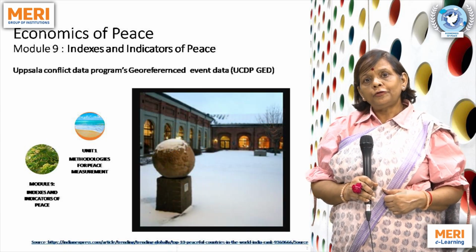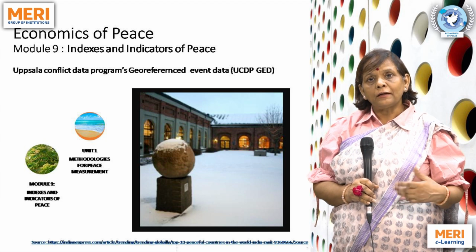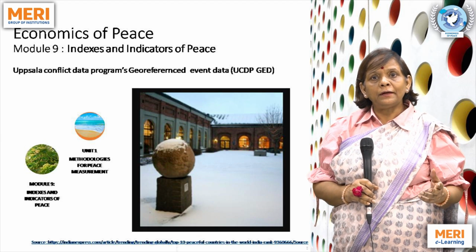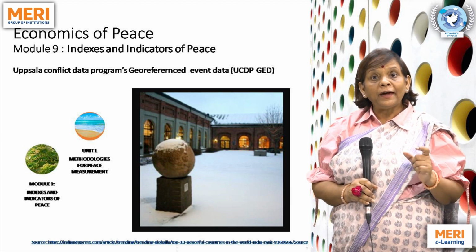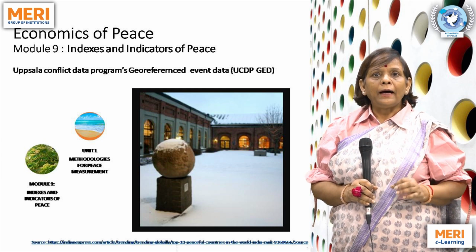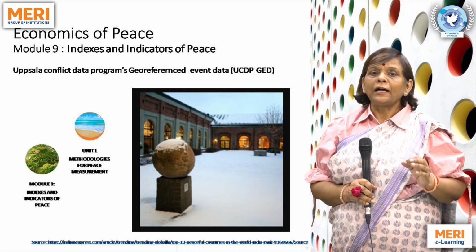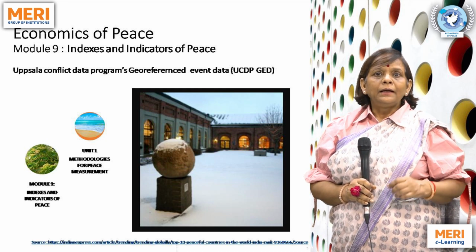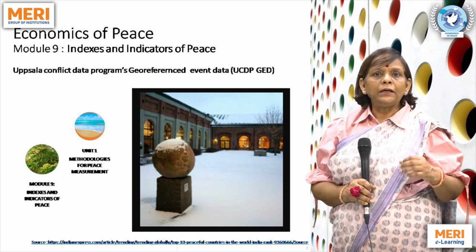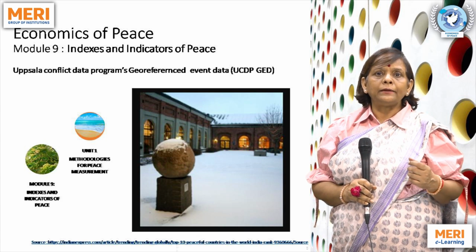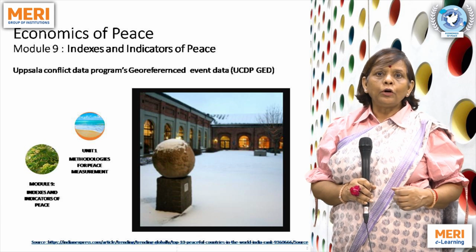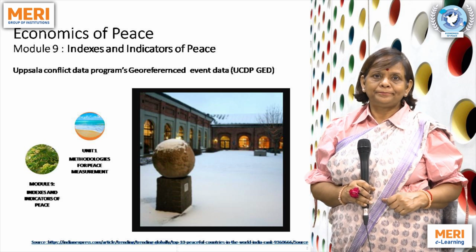The basic unit of measurement under the Uppsala Conflict Data Program, geo-referenced event data, is the event, the conflict that proved violent, and the turning point at a given time and place. The Swedish research project initially collected data about events that had more than 25 fatalities across conflicts, where one of the actors was the state.